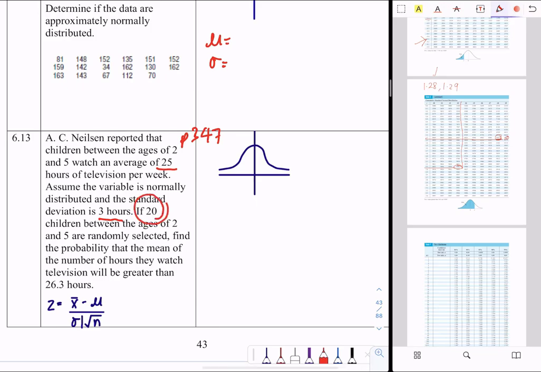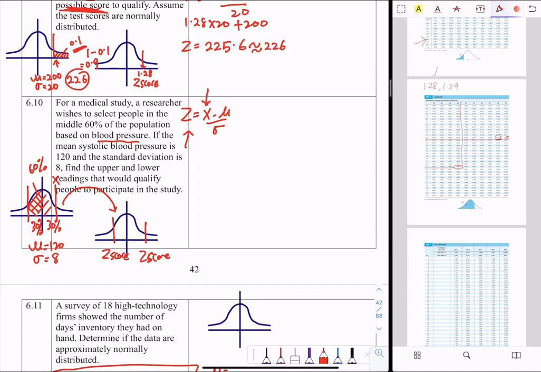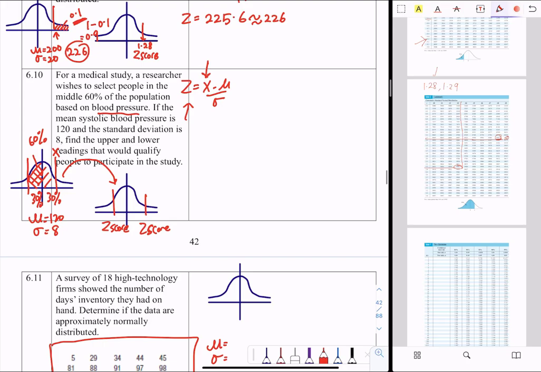If 20 children... before this we did not discuss cases with 20 people or 30 people. Those were not related to the sample; they were all about the population.